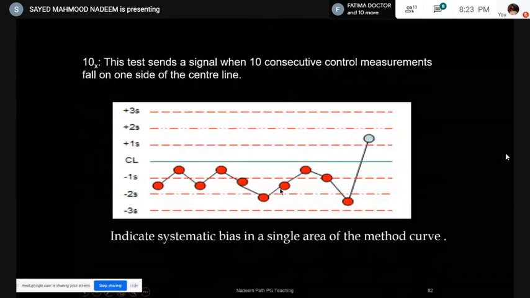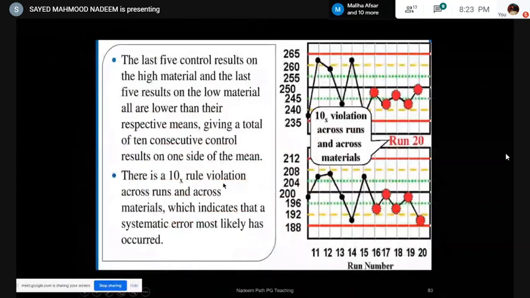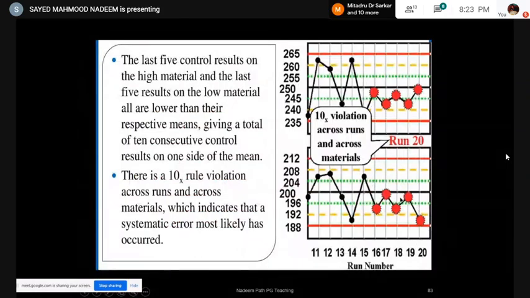Another aspect of the 10x rule is across material, where one control, that is the lower control, is showing 5 points, and the level 3 control is showing 5 consecutive points on the same side of the mean.